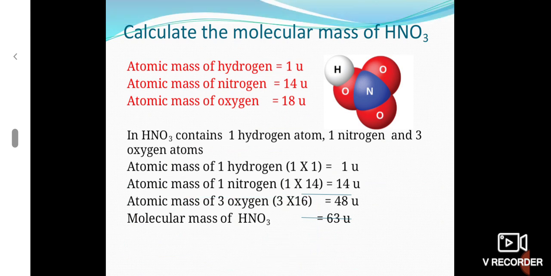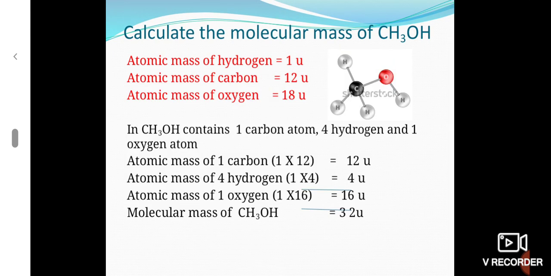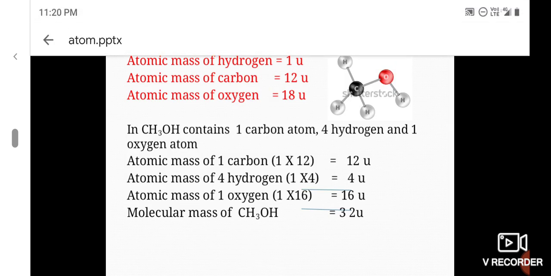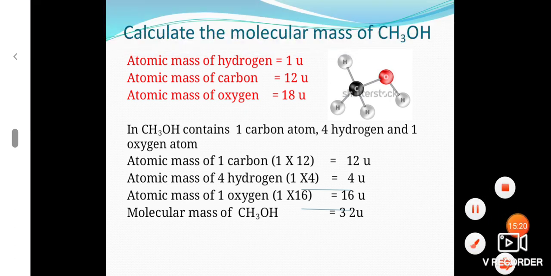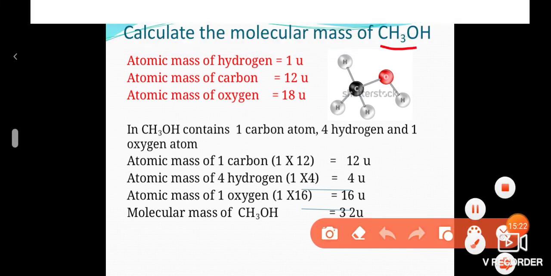And next one, calculate the molecular mass of CH3OH. First, we have to find what types of atoms are present in it: carbon, hydrogen and oxygen.